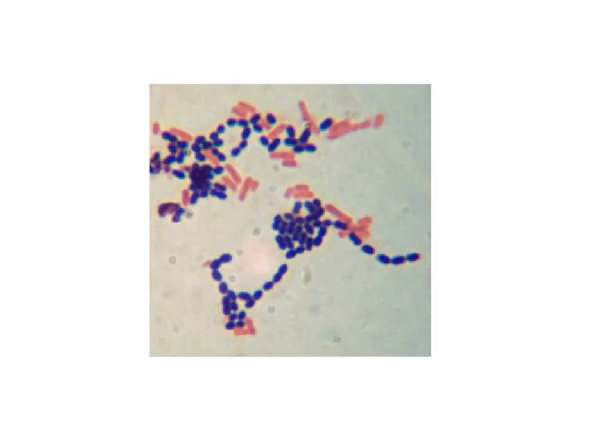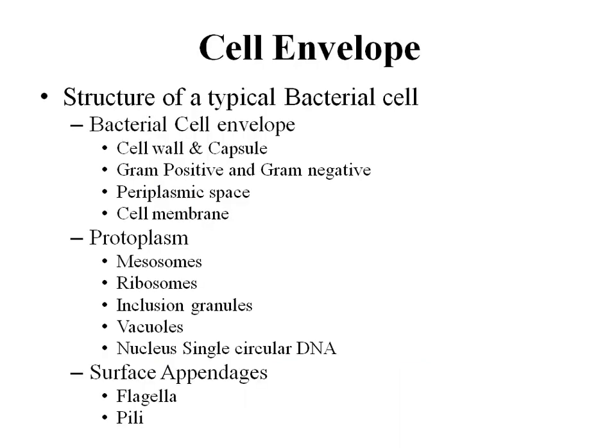This is an example to show the bacilli and cocci. The stain used in this slide is the gram stain. We can see gram negative bacilli and gram positive cocci.